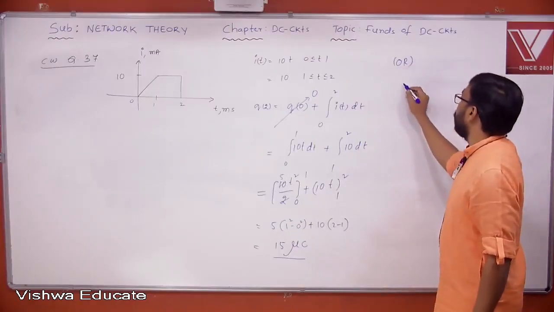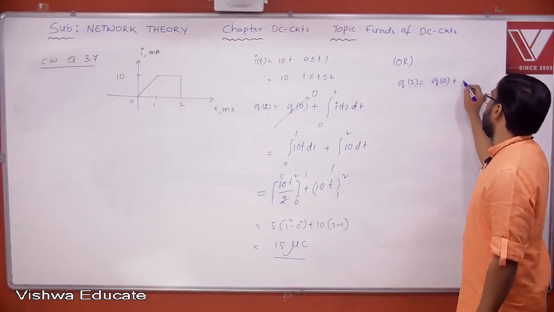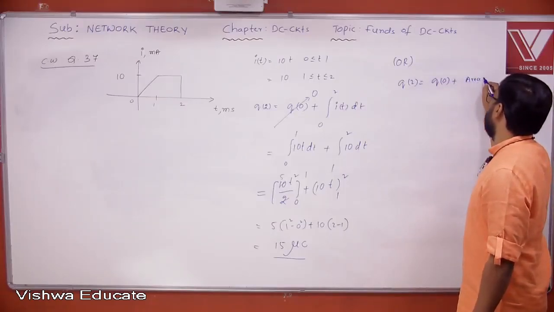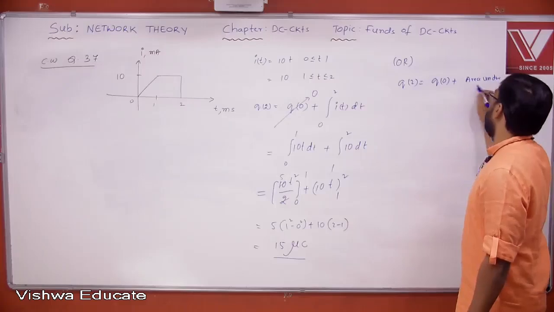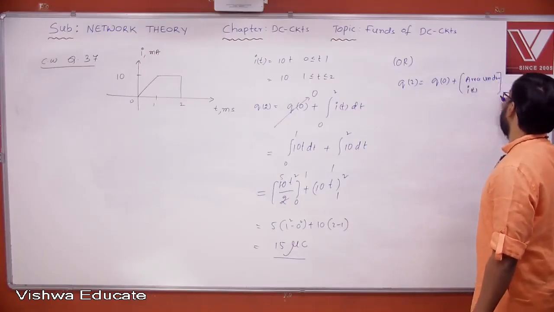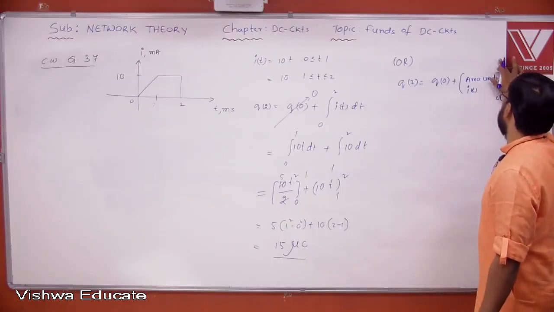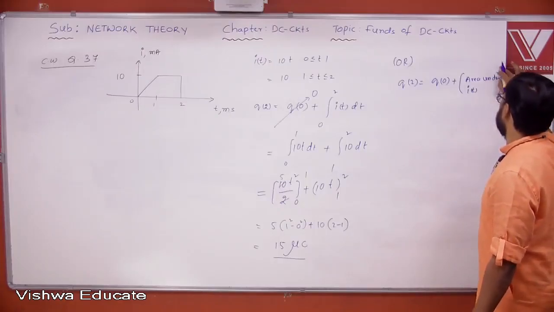But you also know that q of 2 is nothing but q of 0 plus area under I of t over the limits 0 to 2, yes or no? 0 to 2, 0 to 2.